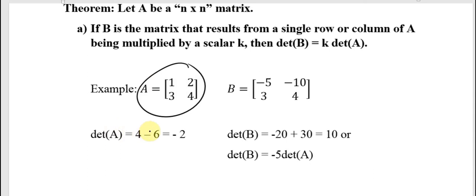The determinant of A comes out to be -2. The determinant for B comes out to be, work that out, 10. But that's the same thing as, based on this particular theorem, the -5 times the -2. It's that -5 that's taken out of that first row times the determinant of A, which is -2.